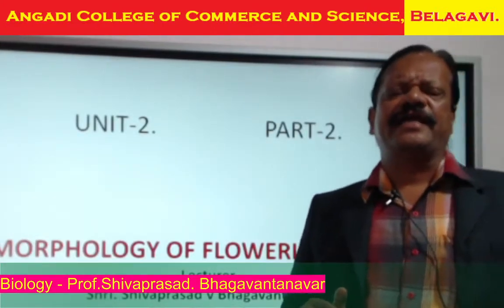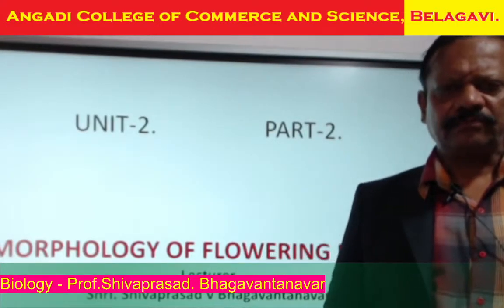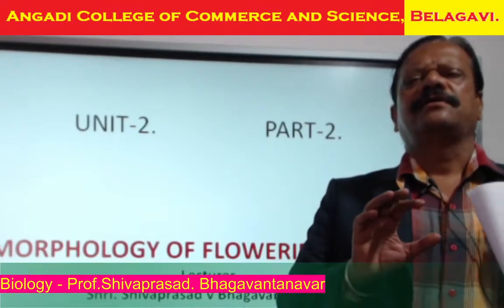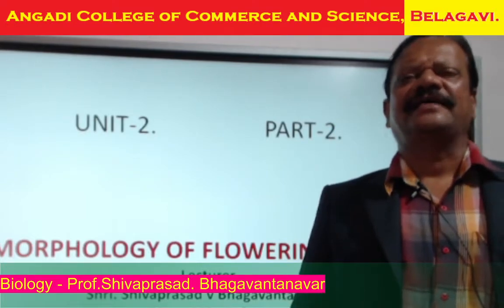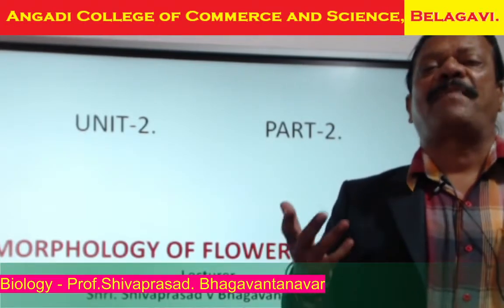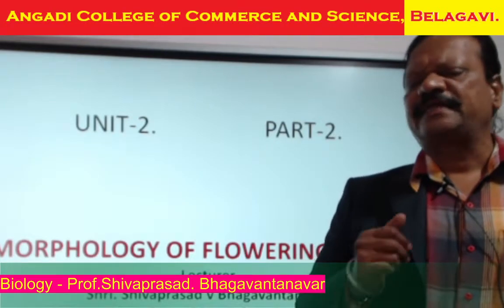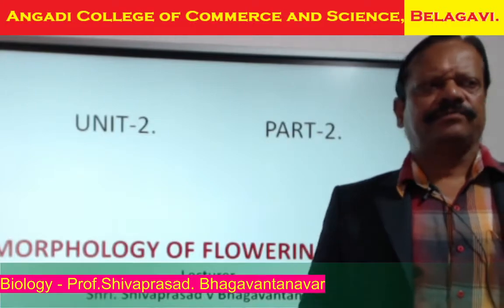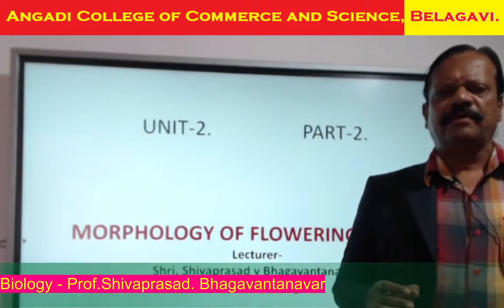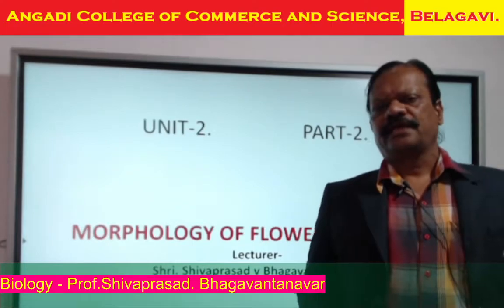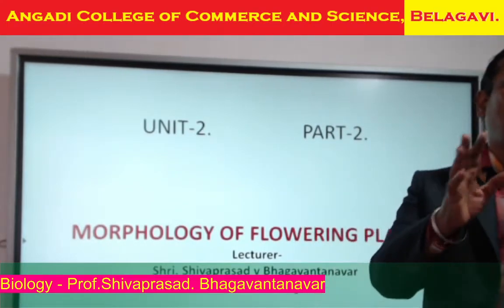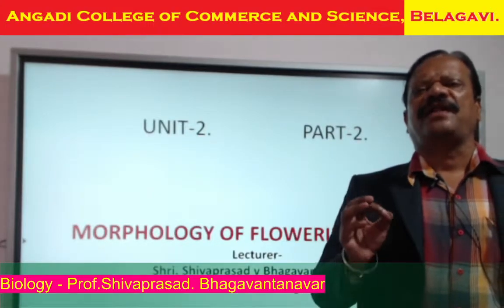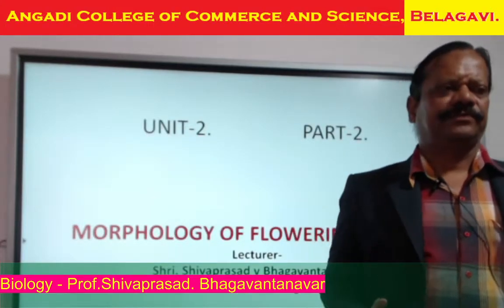Now when you are taking a typical flower, the typical flower is having different florets, or you may say it as the flower parts. First of all, the calyx, corolla, androecium and gynoecium. If suppose these four whorls are present, then we are calling flower as the complete flower.